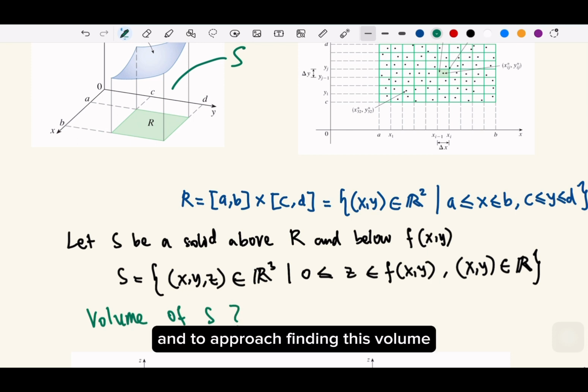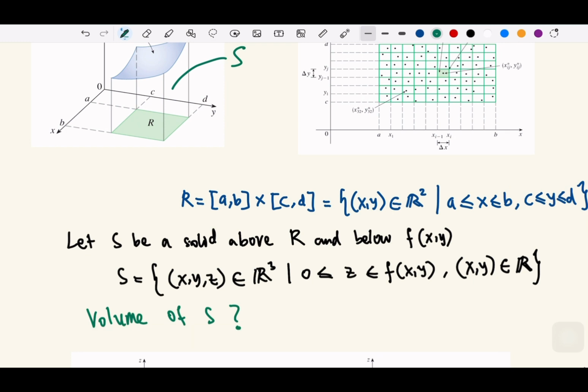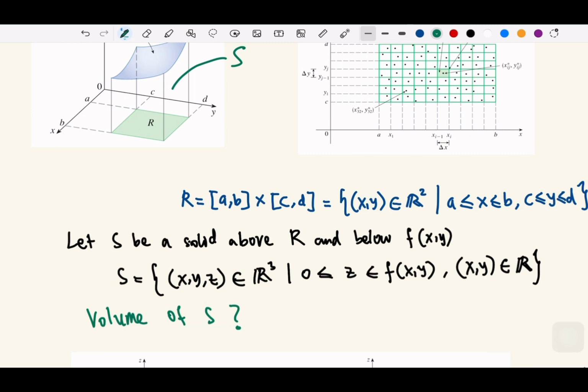And to approach finding this volume, in calculus 1 we sliced the area, now we are going to slice this. Imagine a cake. You cut the cake, and you see that this is how we cut from the top, making small squares.